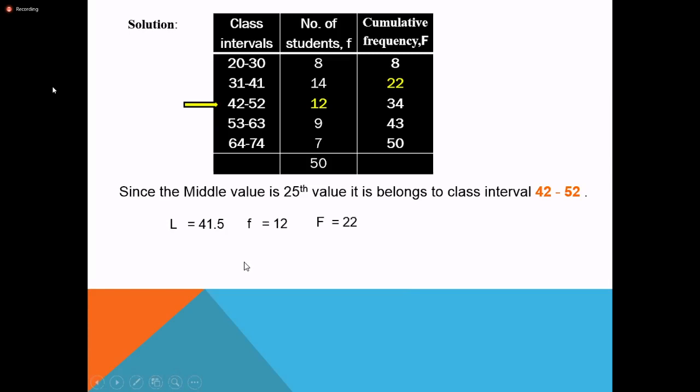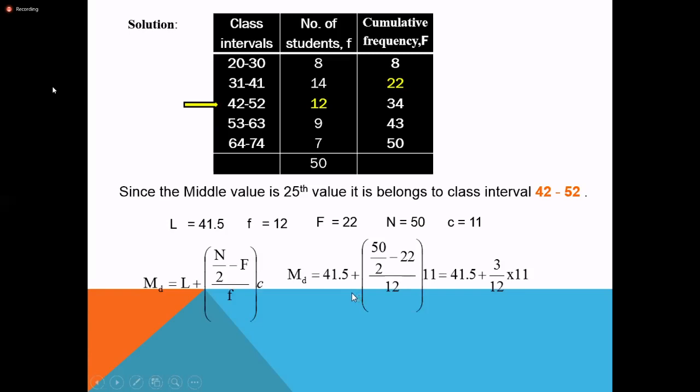Capital F, or cumulative frequency, is taken from the previous class. Not 34, take 22. N is 50. Then use the formula, C is 11. Then the median is 44.5.